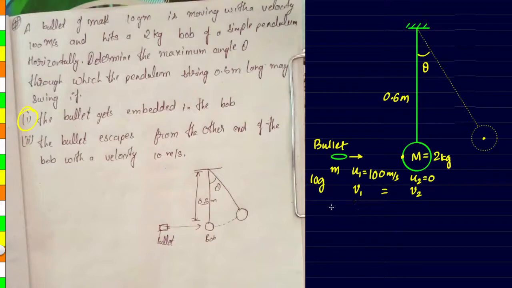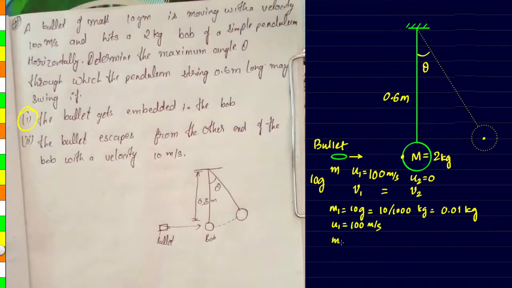So the given data here is going to be m1, which is the mass of the bullet, that's given as 10 grams. We need to convert this into kgs, which turns out to be 0.01. The initial velocity u1 for the bullet is 100 meters per second.